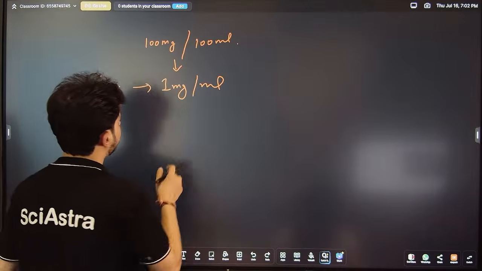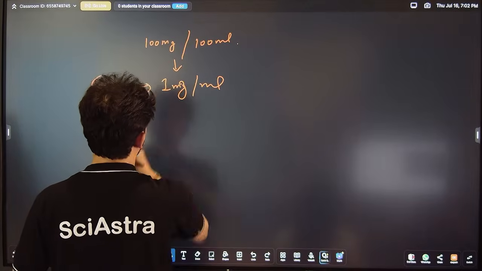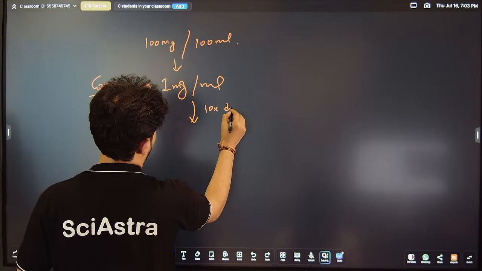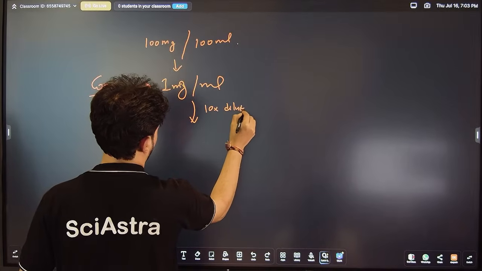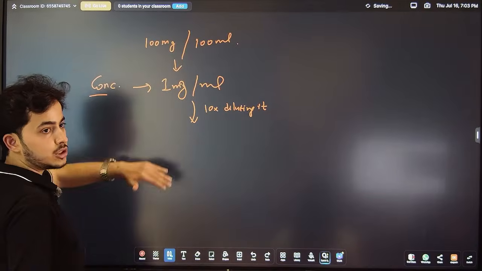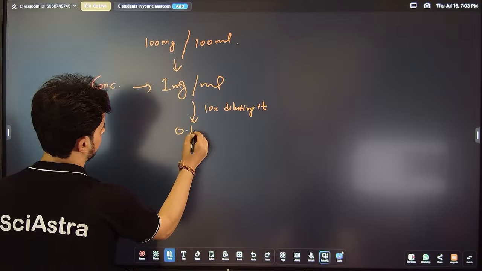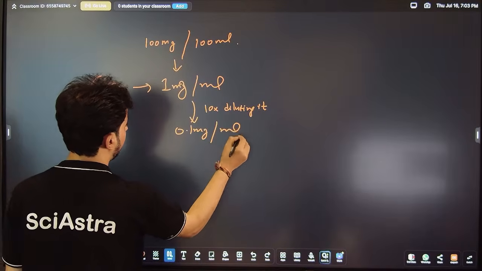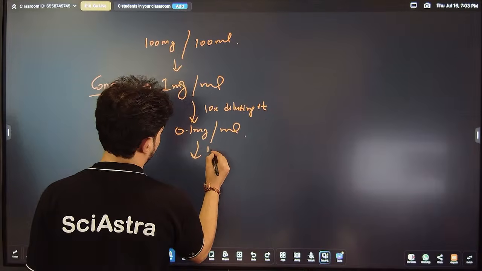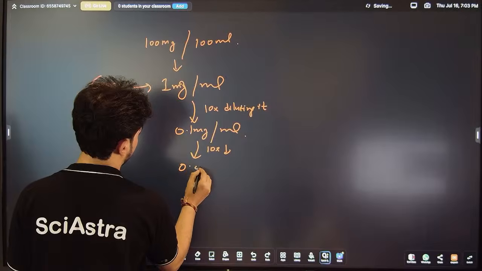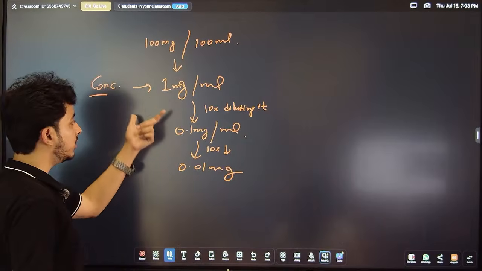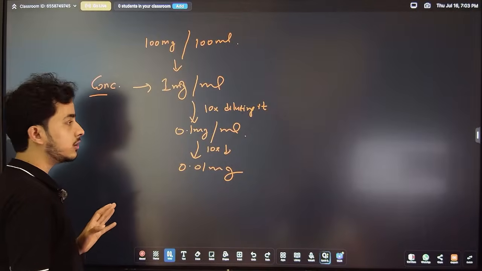Now if I dilute it 10 times, this 1 mg reduces to 0.1 mg per ml. If I dilute it 10 times again, it becomes 0.01 mg per ml. Like this you keep diluting and decrease the concentration.